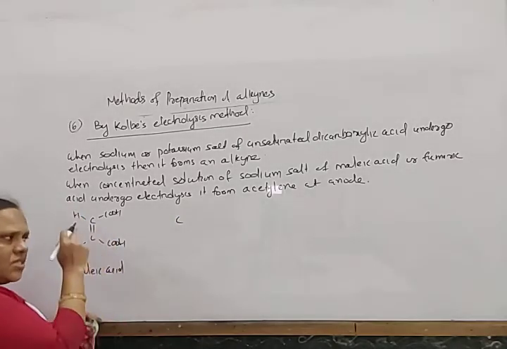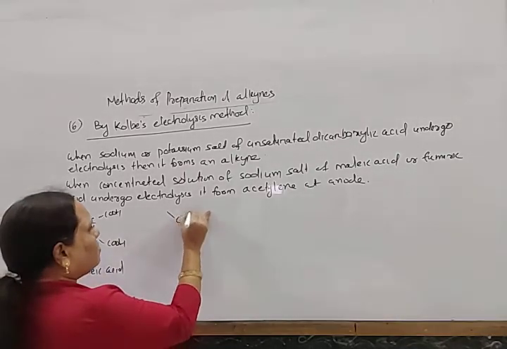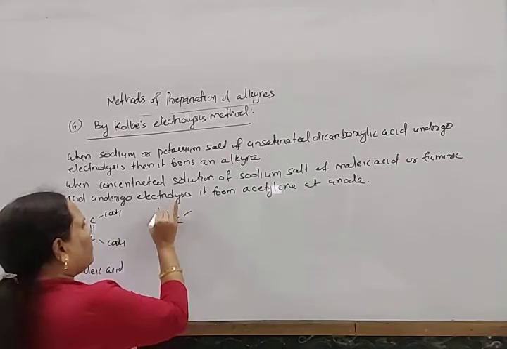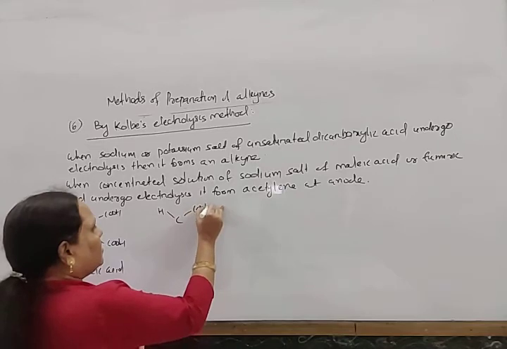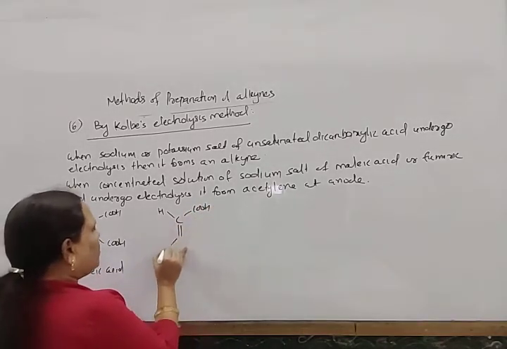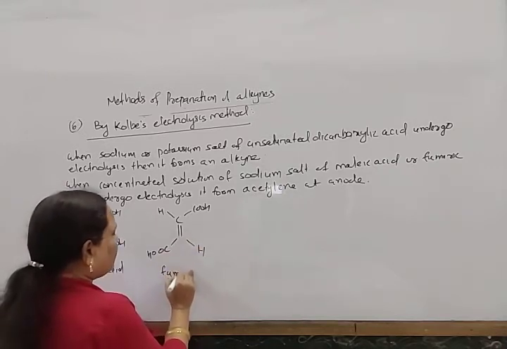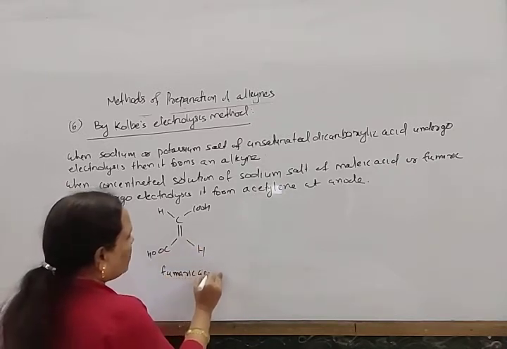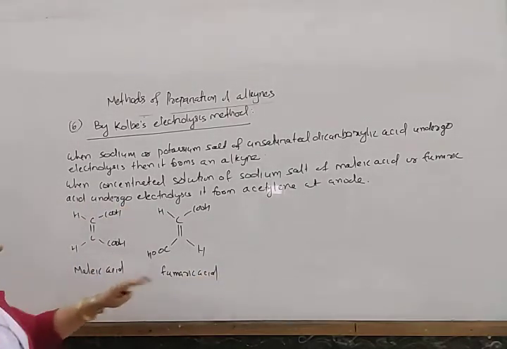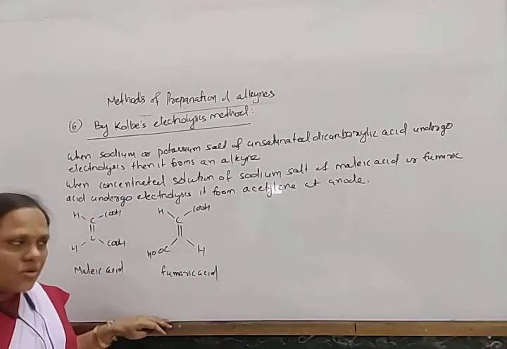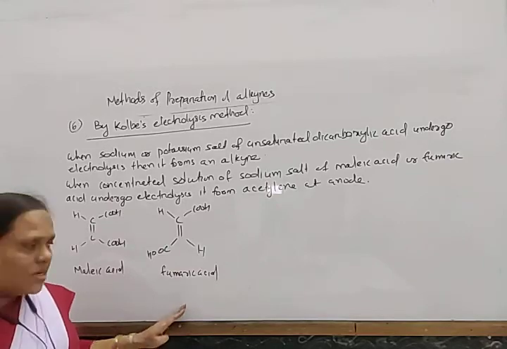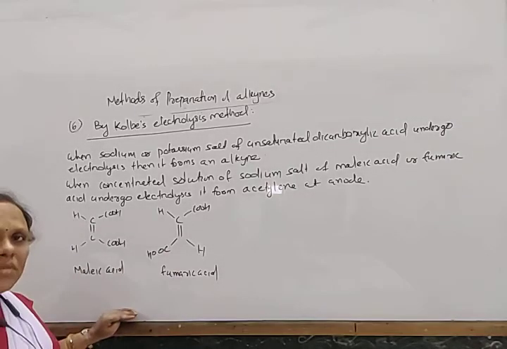And the trans form of this is H, COOH, double bond, COOH and H. So this is fumaric acid. These two are cis and trans isomers of each other. The trans form is known as fumaric acid, the cis form is known as maleic acid.